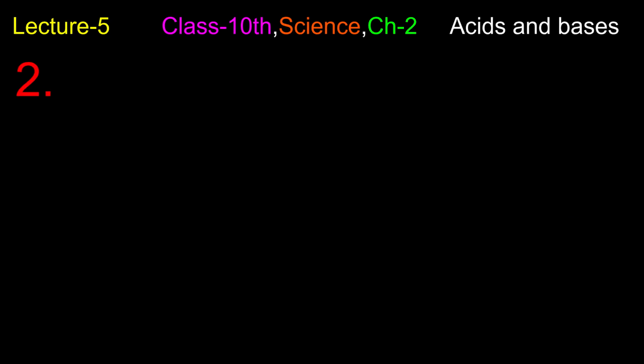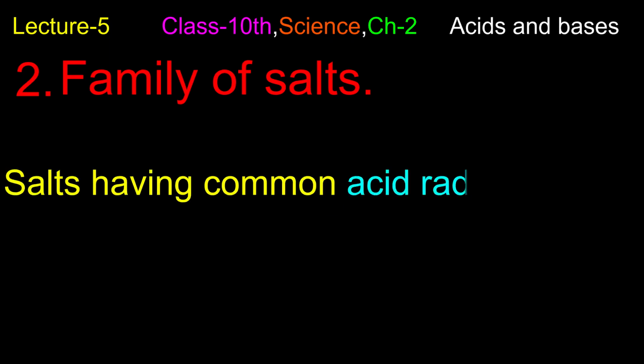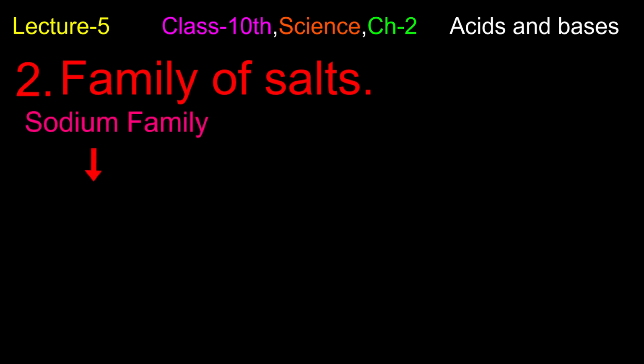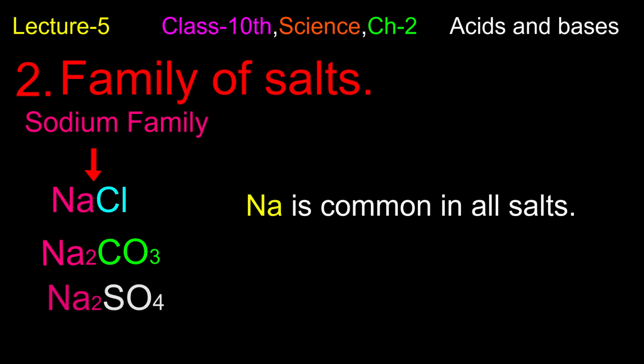Next subtopic number 2 is family of salts. The salts having common acid radical or basic radical form the same family. For example, NaCl, Na2CO3, Na2SO4 are of the same family because all of them have Na common.